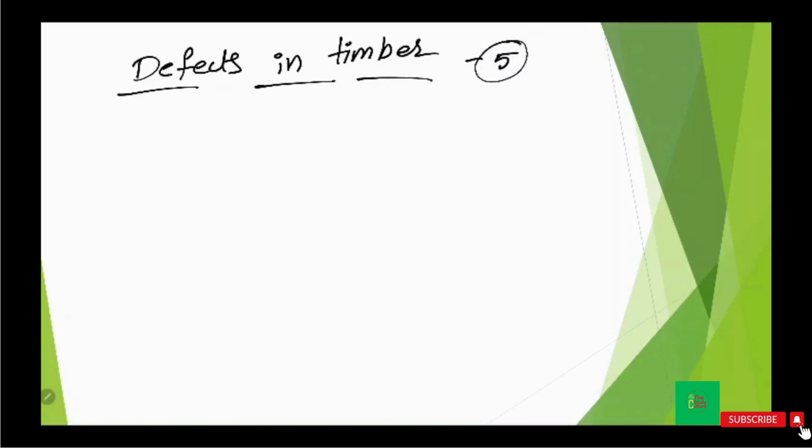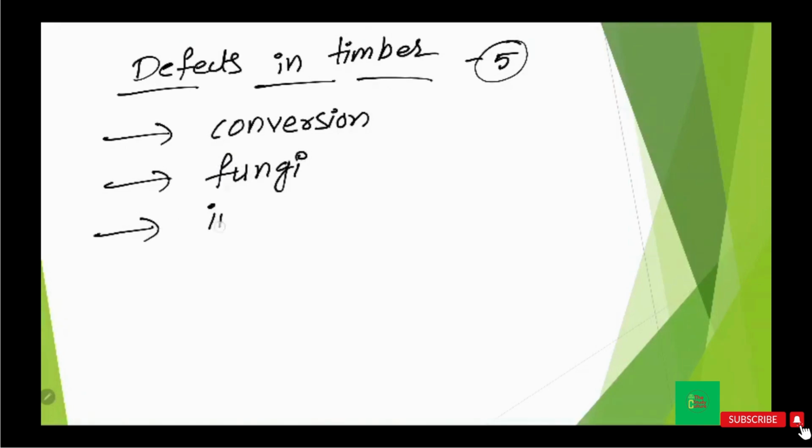Defects in timber. Various defects in timber are grouped into five categories. First, defects due to conversion. Next, defects due to fungi.